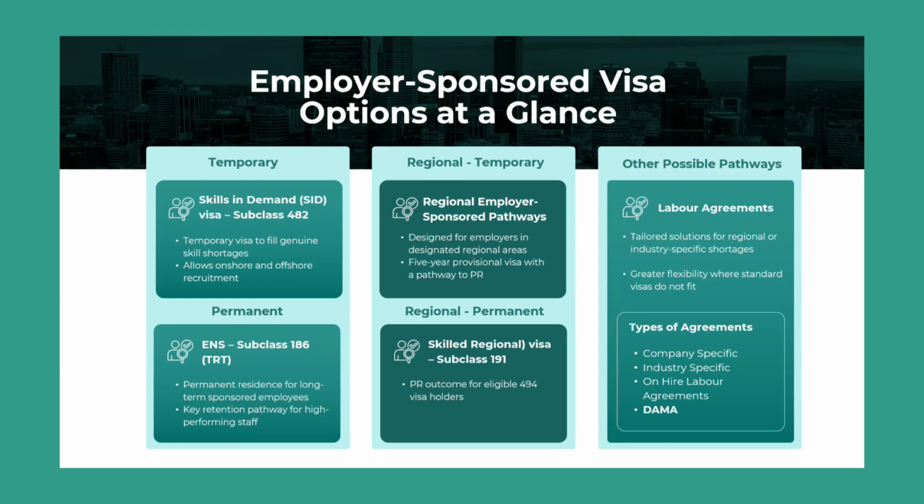So, there are quite a few occupations that have shifted to the specialist occupation list, but the other difference is that under the core skilled list, the salary level is around $76,500.